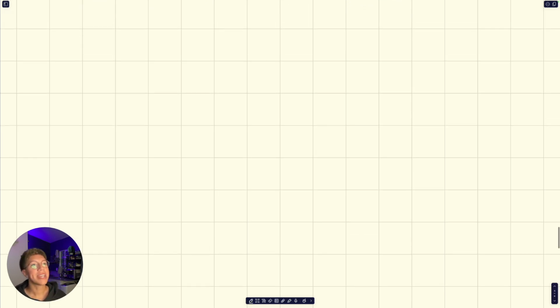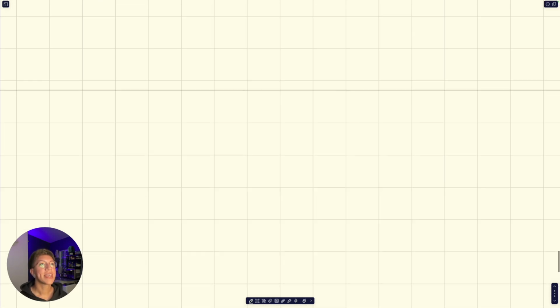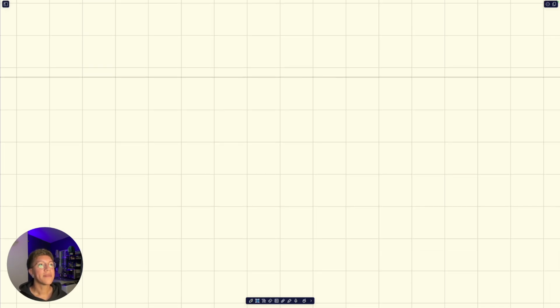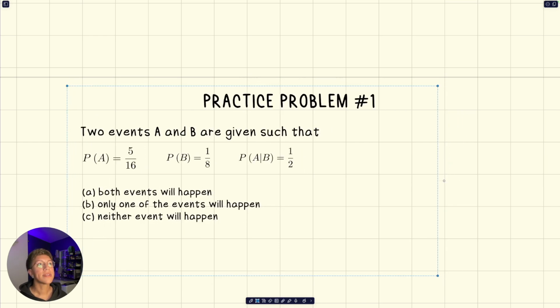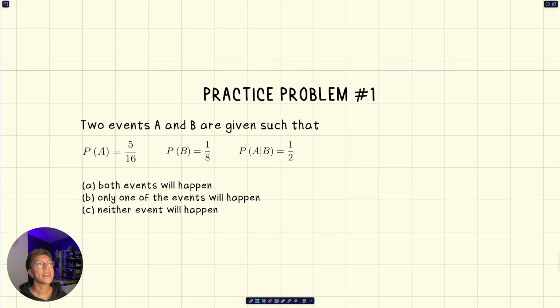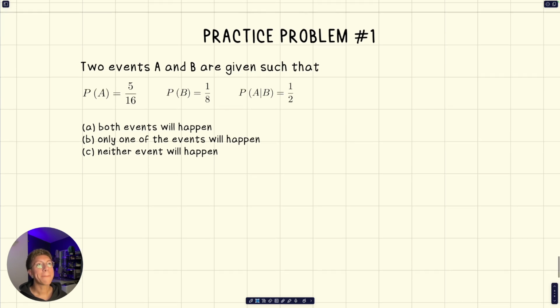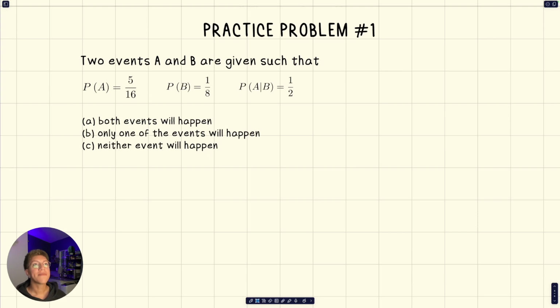Some things will be easier, some things will be harder. All right, so our practice problem number 1. Once again, we have two events, A and B, given with these probabilities. They're giving us one conditional probability, and then they're asking us to find a couple of things.